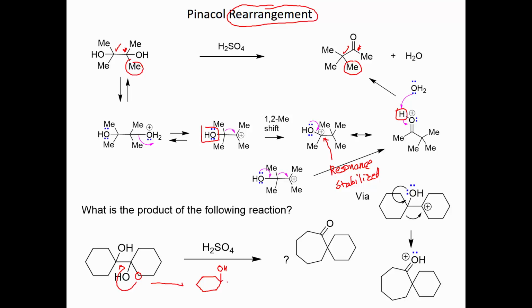Okay, that's what we do. We make that protonated alcohol. We lose the water to make this carbocation. Then one of our alkyl groups migrates over to the new carbocation to generate this oxonium ion, and we lose the extra proton to produce the product. Okay, all right.